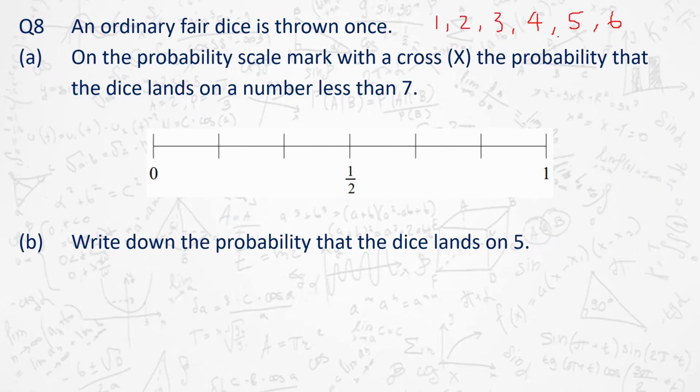So in all 6 scenarios, the number is less than 7. So it's certain it will happen, so 100%, which gives us 1. Write down the probability that the dice lands on 5. We have one number that is 5, so it's 1 out of 6 chances. So the probability the dice lands on 5 is 1/6.